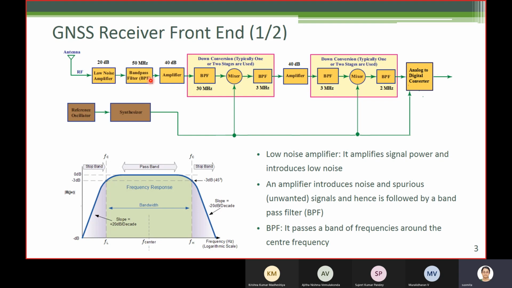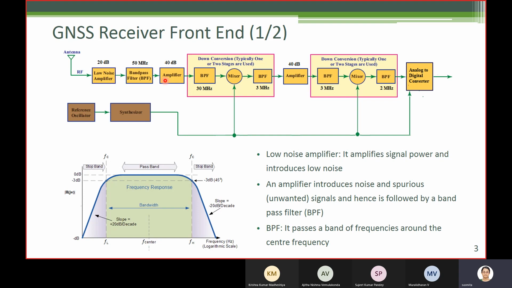Now, see how much the power has to be amplified. In the last class, I mentioned about 100 dB. 100 dB means how much? 10 to the power 10 times.